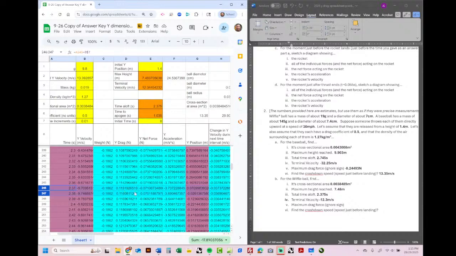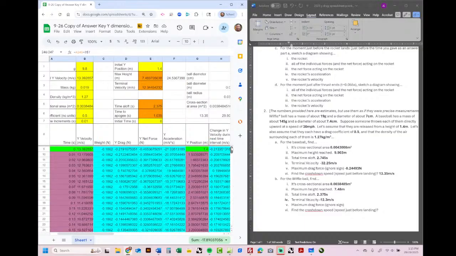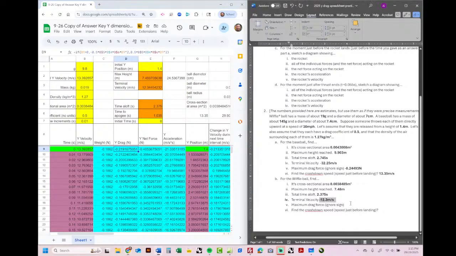So it's a much smaller one. So it's definitely the strongest drag right in the beginning. And that's because it's falling so slowly by that point. So the maximum drag force is 0.2192 newtons. And I'll call it negative because it's downward, even though I say ignore the sign. What I meant was ignore the sign for finding when it's the strongest. Find the one with the highest absolute value.